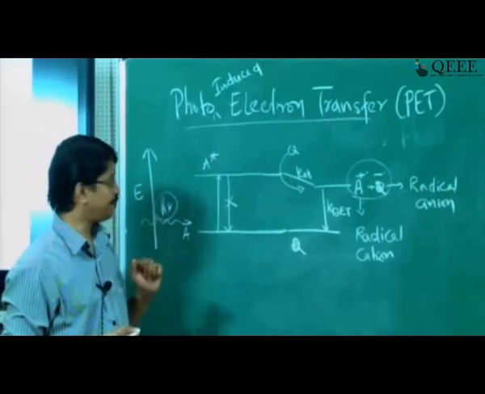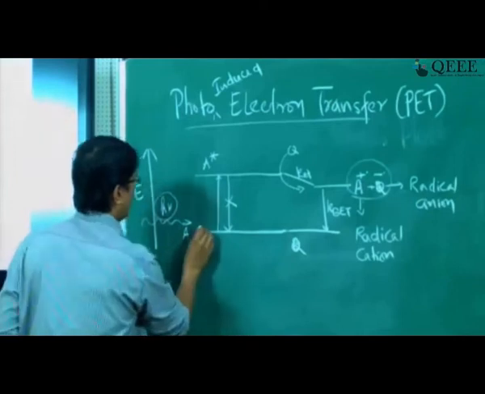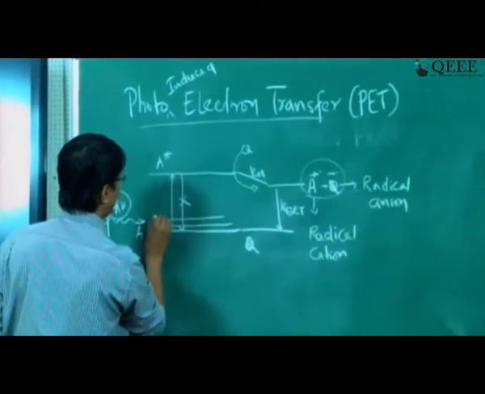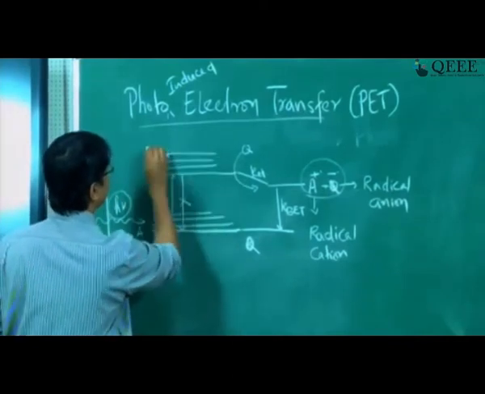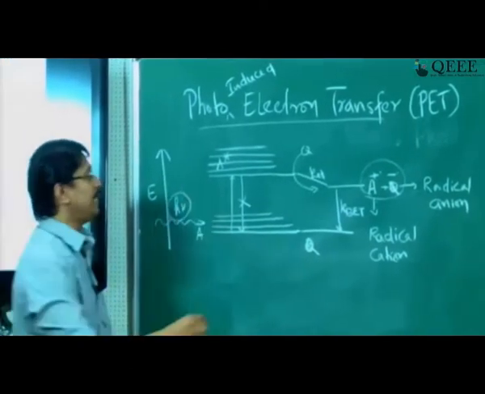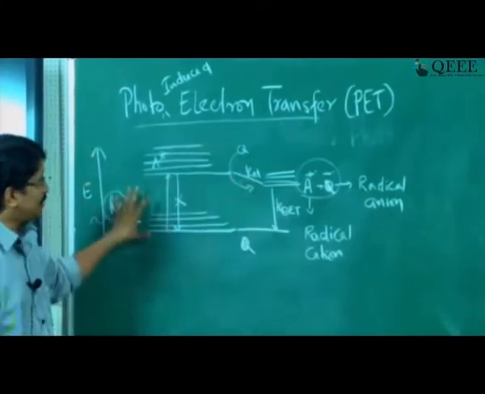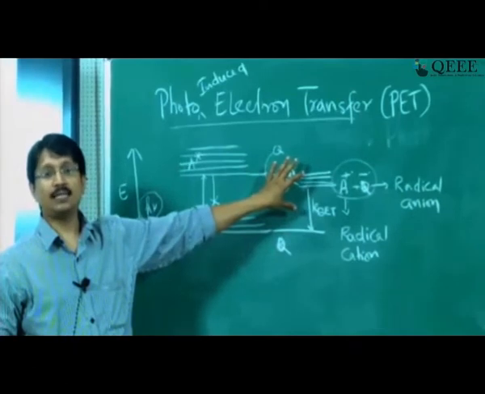That is a mechanism. Now, yesterday we said that each of these electronic energy levels contains many vibrational energy levels. Another way of representing the same spectra, or the same kind of energetics, is through potential energy curves.